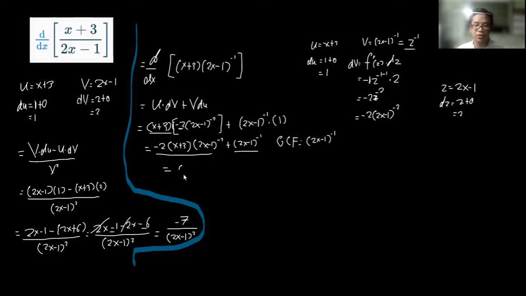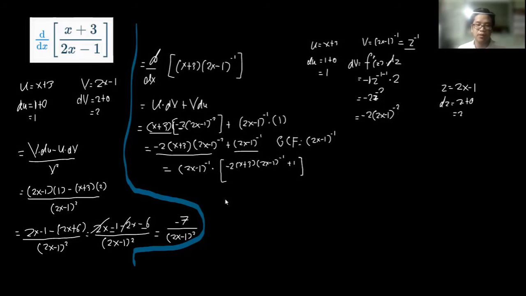So I'll factor out (2x minus 1) raised to negative 1, times negative 2 times (x plus 3), times (2x minus 1) raised to negative 1, plus 1.